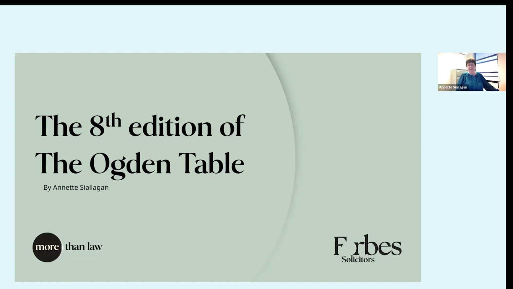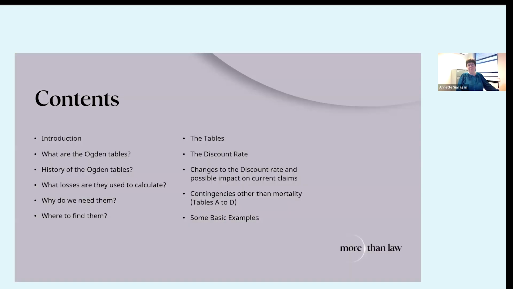So without further ado, let's launch into the Ogden tables. I'm assuming that most of you will have heard of the Ogden tables, but perhaps haven't tried using them, and I'm hoping that by the end of this session you will be able to use them to work out your multipliers.